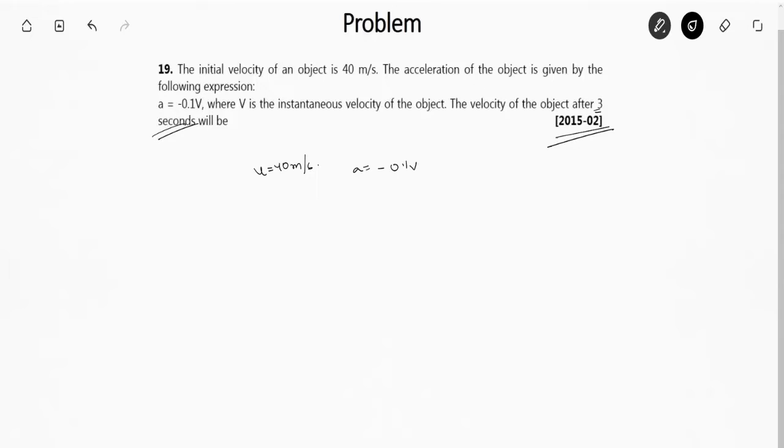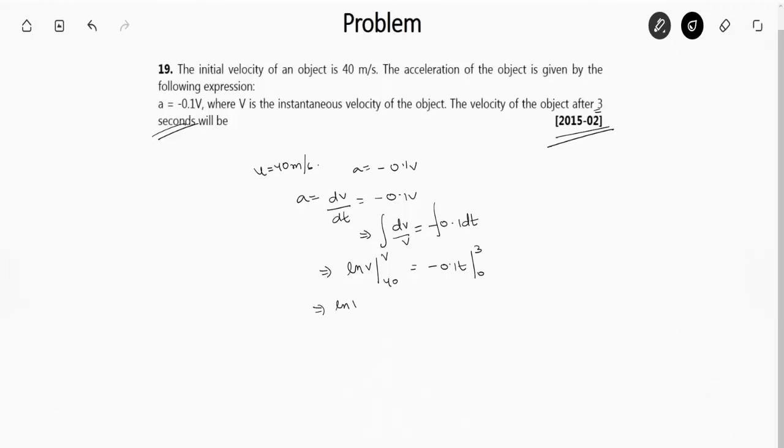So friends, we can write a equals dv by dt equals minus 0.1 v, which can be further written as dv upon v equals minus 0.1 dt. If you integrate it, we get ln v, where the lower limit of velocity is 40, the initial velocity, and the final is v, equals minus 0.1 t, with t equals 0 to t equals 3 as they have asked.